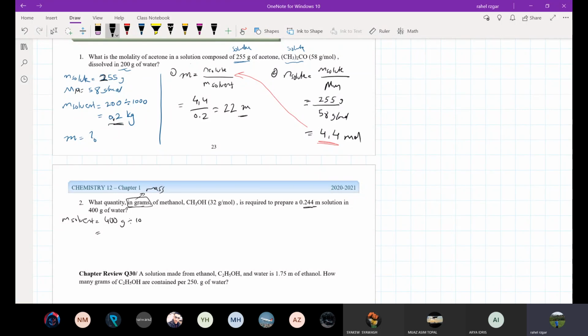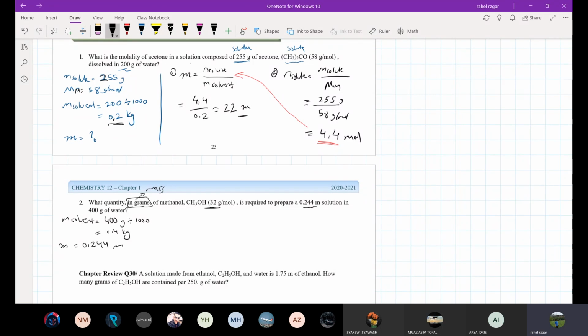Divide by 1000, we get 0.4 kilograms. What else is given? Molar mass is also given. Molality is 0.244. This question was asked in the ministry exam one year without even changing the numbers.